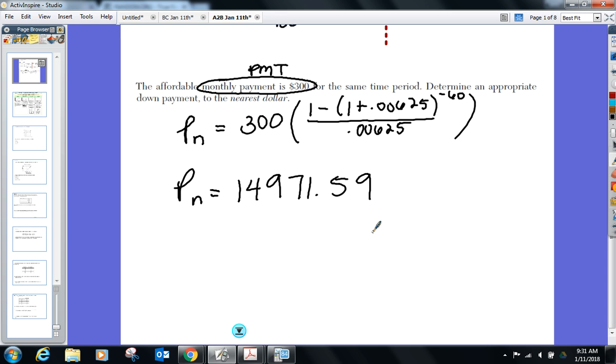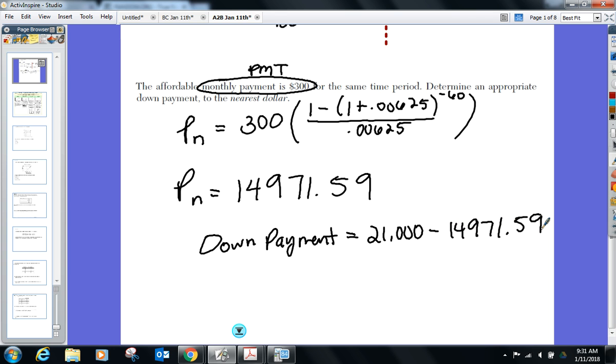Your down payment is going to be the original cost, which is $21,000, minus what I need to take the loan out for. To the nearest dollar, I need to down pay about $6,028. Okay?